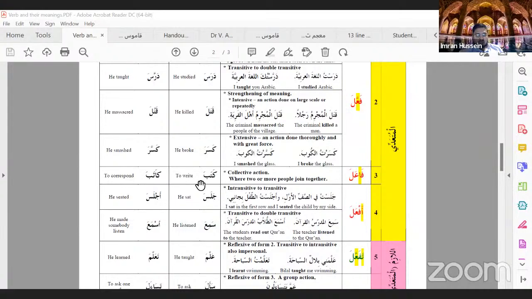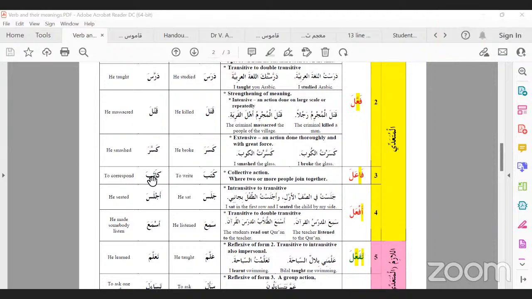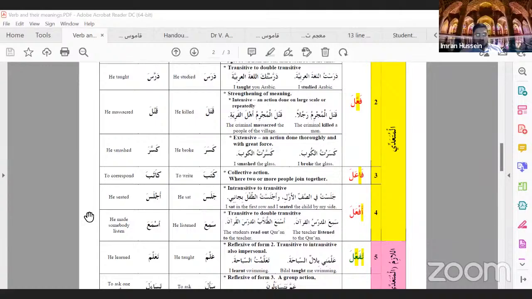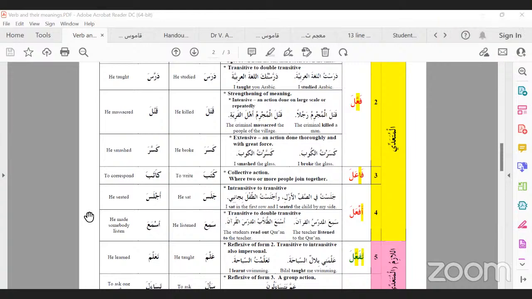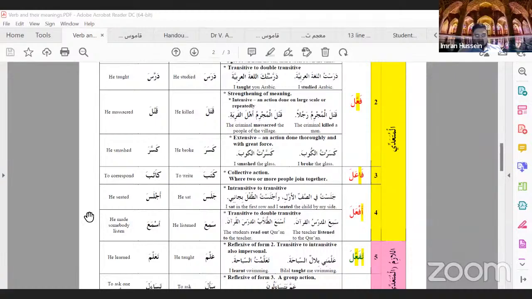Kataba, to write, and then kataba, to correspond.